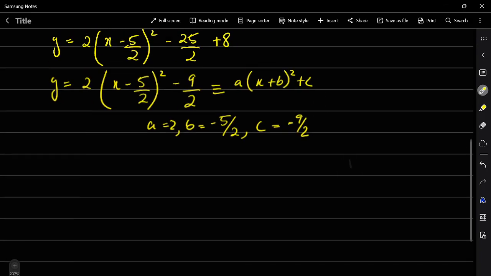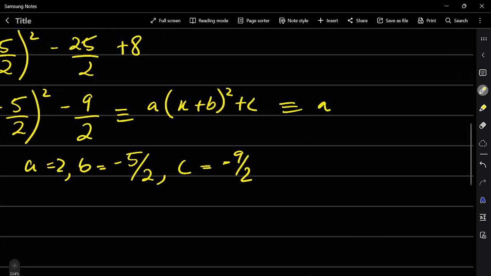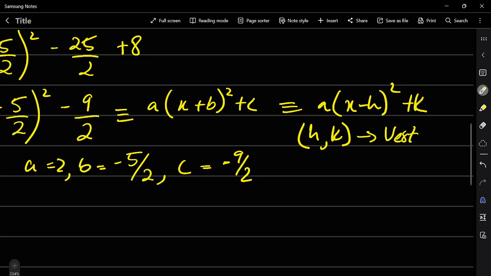So the minimum value of y is going to be c, because if we convert this into the equation that we discussed previously, a(x minus h) whole square plus k, where h and k are the coordinates of the vertex. So if we're looking at the minimum point y, we know that y equals k and k equals c over here. So hence y equals c.